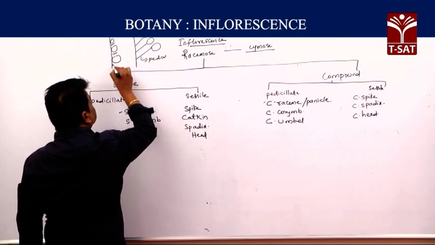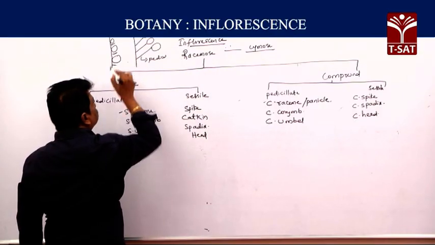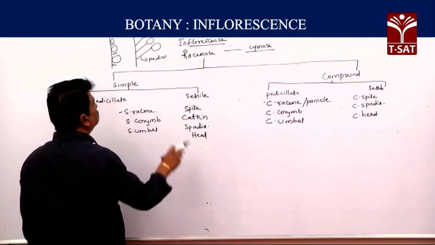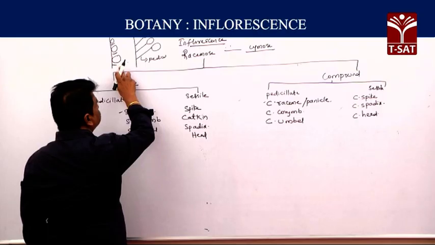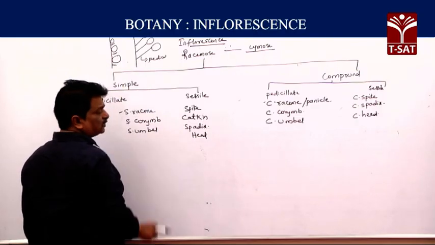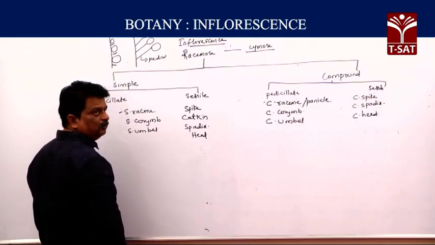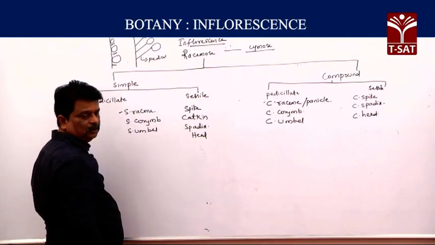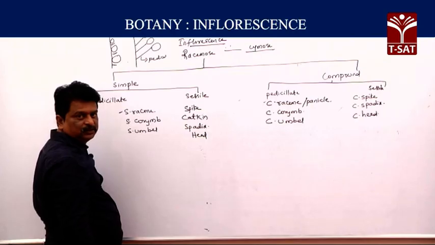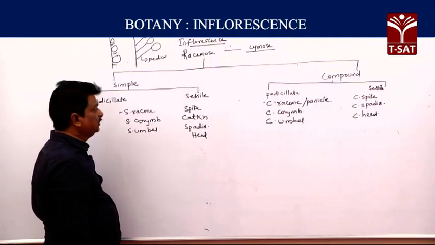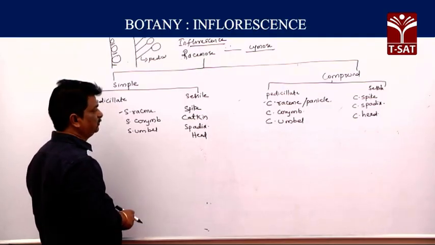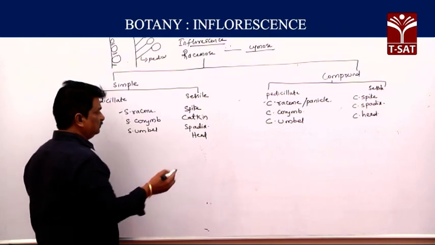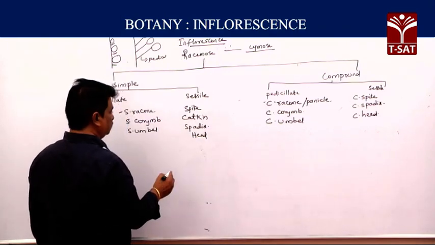Like simple raceme, here also the peduncle shows indefinite growth. The peduncle is unbranched, but it produces flowers without pedicel, called sessile. Examples for simple spike: one is Amaranthus and the second one is Achyranthes. That is simple spike. The next one, compound spike.